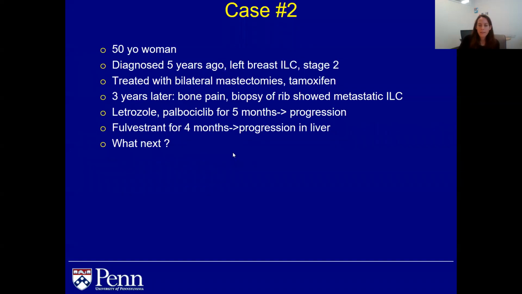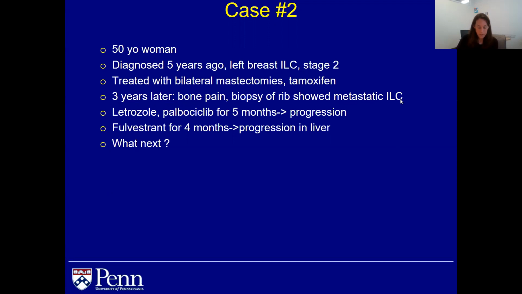Now, the second case I'm going to present is slightly different. This is also a young patient, 50 years old, diagnosed 5 years ago with a stage 2 lobular breast cancer. At that time, she had bilateral mastectomies and started tamoxifen. And 3 years after that, she developed bone pain, and unfortunately, biopsy of a rib showed metastatic lobular cancer to the bone.